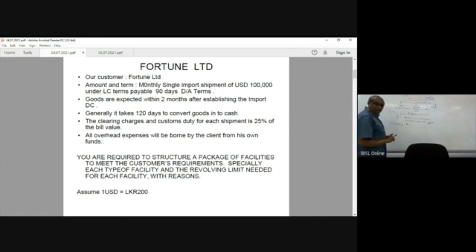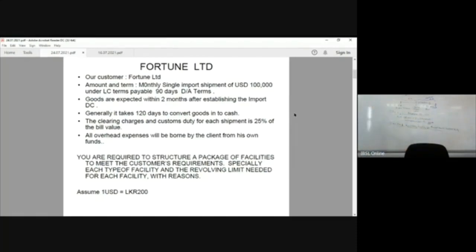Revolving facility for acceptance of import bills.